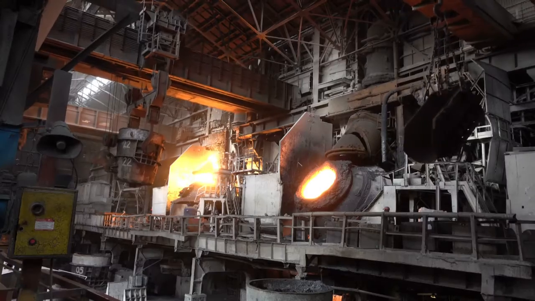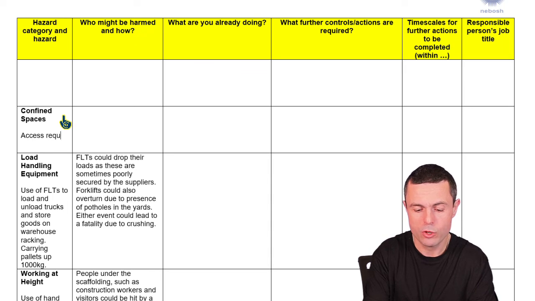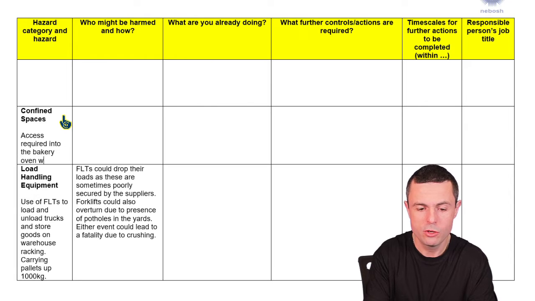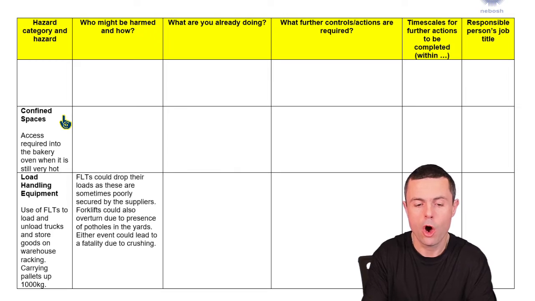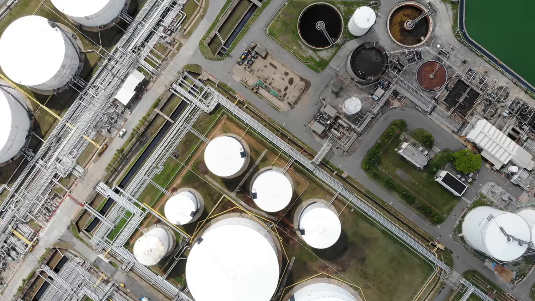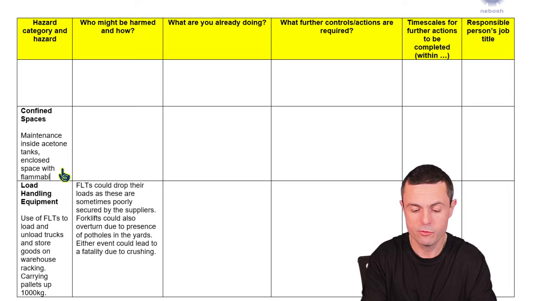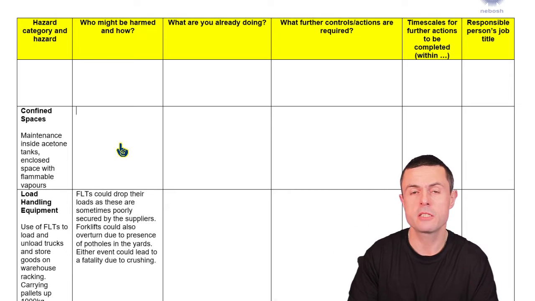So we could say access required into the bakery oven when it is still very hot. Okay, that's a pretty good confined space. We could say something else. We could say maintenance inside acetone tanks, enclosed space with flammable vapors. There we are. That's another confined space.